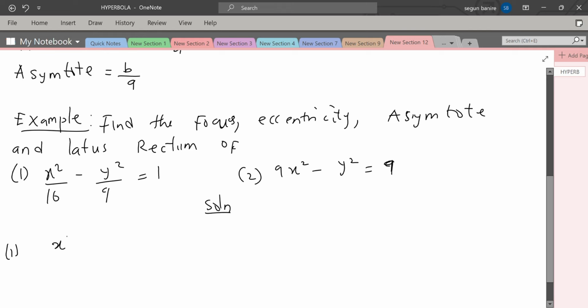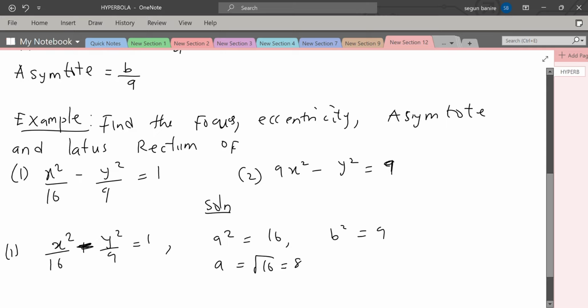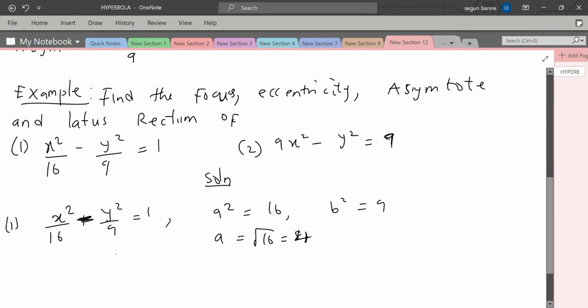So the question is this: x squared over 16 minus y squared over 9 equals 1. So this tells you our a squared is 16, and then our b squared is 9. Okay, so we are looking for eccentricity. a is the square root of 16, which is 4. And so b squared is equal to a squared times e squared minus 1.